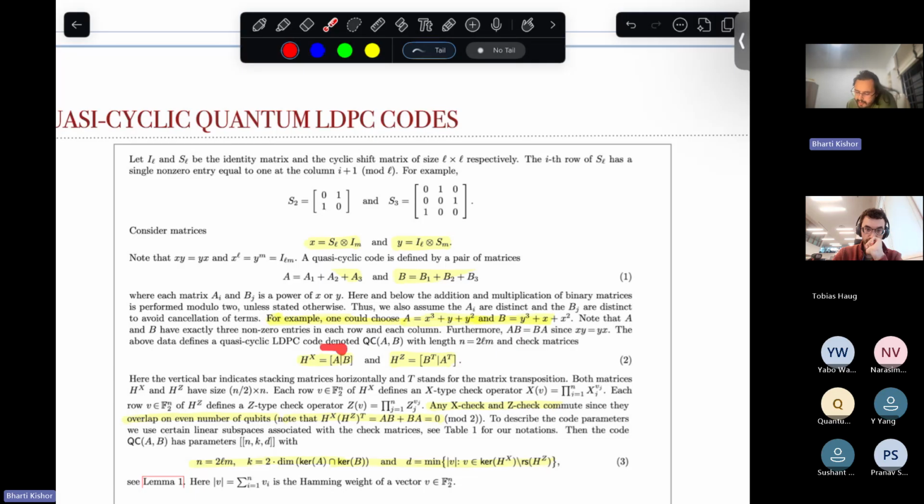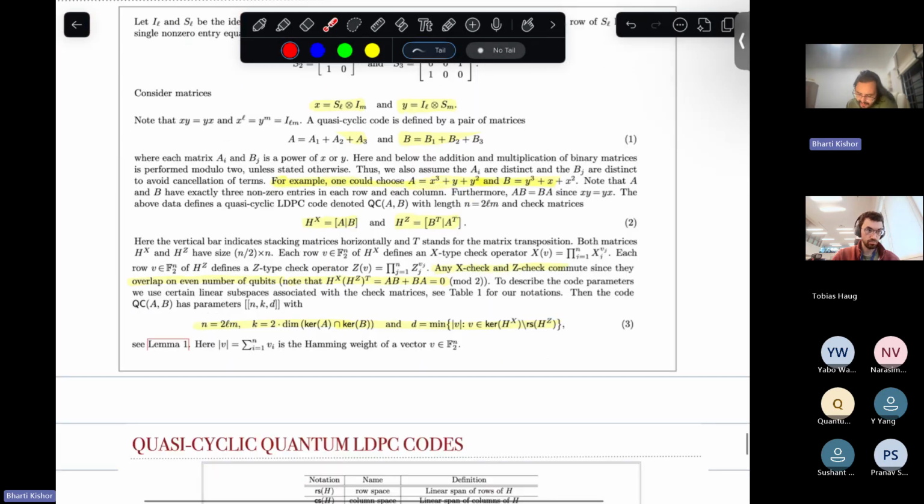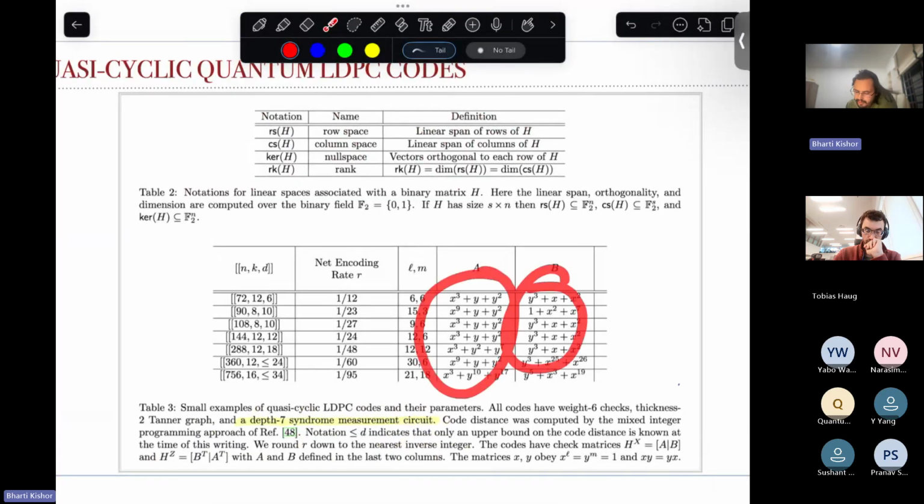So using this, you can define the parity check matrices. And they had a very nice statement for how you can calculate your n, k, and d. So the job is to just find better and better polynomials for which you can get a nice encoding rate and distance. And in fact, there are many such polynomials for which they had this distance.